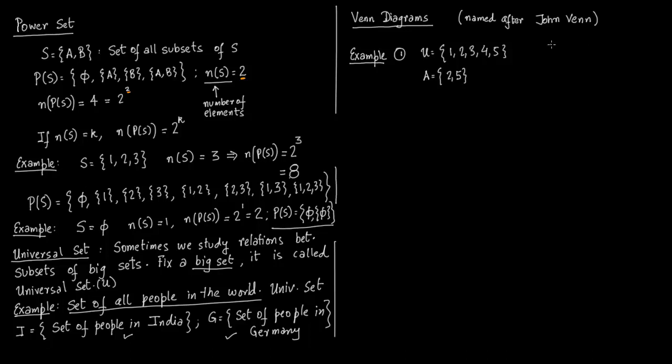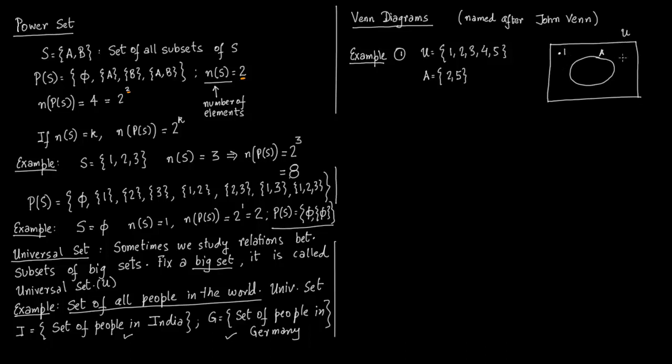Now let us draw the Venn diagram. You first draw the universal set U, and then you draw the set A inside the universal set. Let us write down the elements.